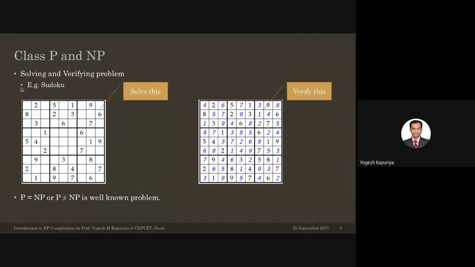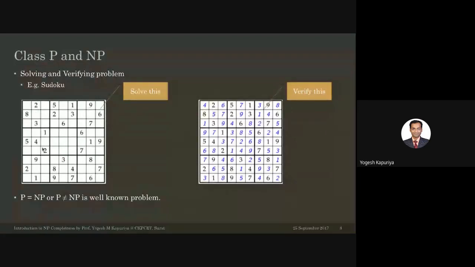So you require an NP kind of machine for this, which is not practically existing. But when it comes to verification, you can always write a simple, straightforward algorithm. Verification is a P problem. That means you have been given these numbers and you have to tell whether this is a valid Sudoku or not. So verification is a P problem, but solving is an NP problem.